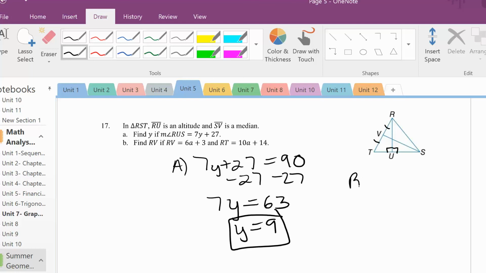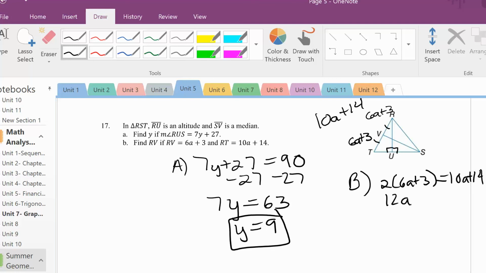And then for part B, since it says RV is 6a plus 3 and RT is 10a plus 14, well, if this is 6a plus 3, then the other side is also 6a plus 3. So 2 times (6a plus 3) is equal to 10a plus 14.